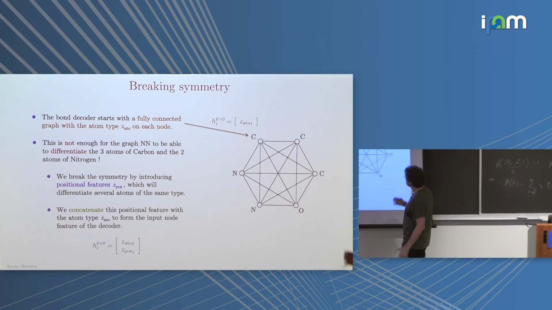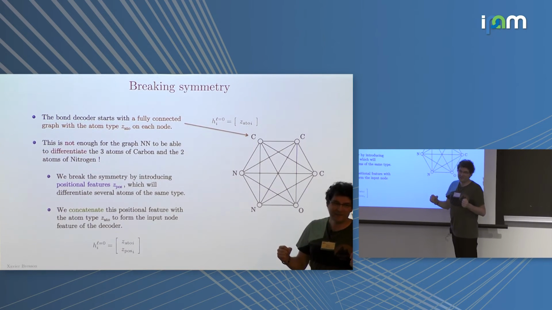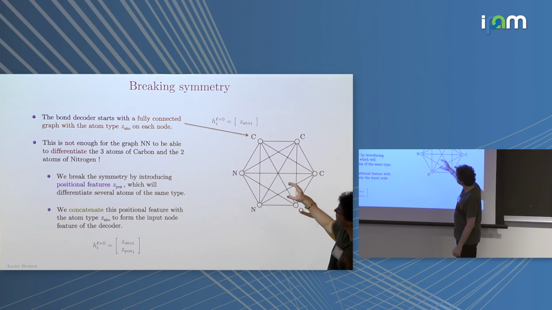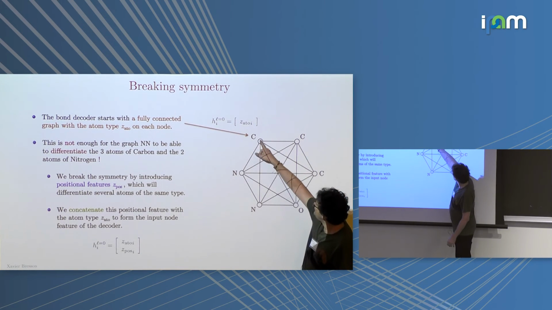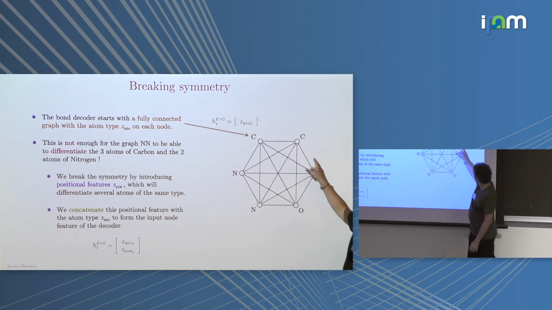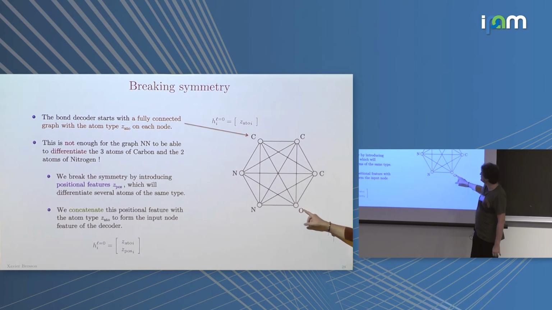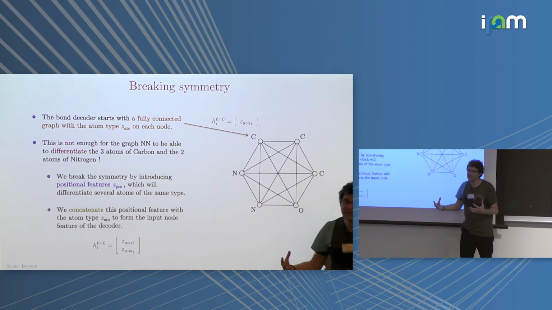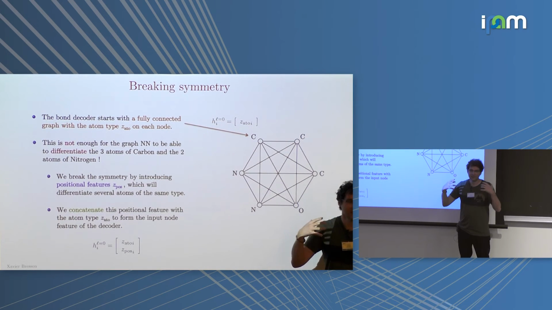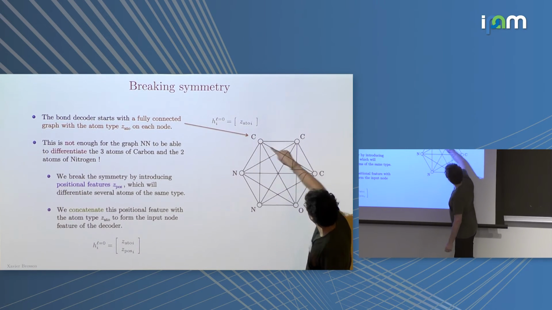Okay, so there is an issue with this. Let's say, for example, my molecular formula has 3 atoms of carbon, 2 atoms of nitrogen, and 1 atom of oxygen. The way I decode, basically, I start with a fully connected graph, right? Any atom is connected to all the other atoms.